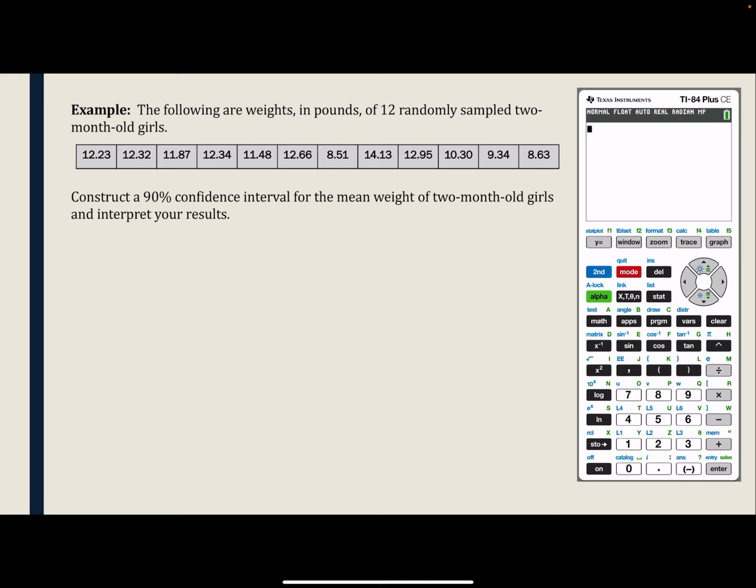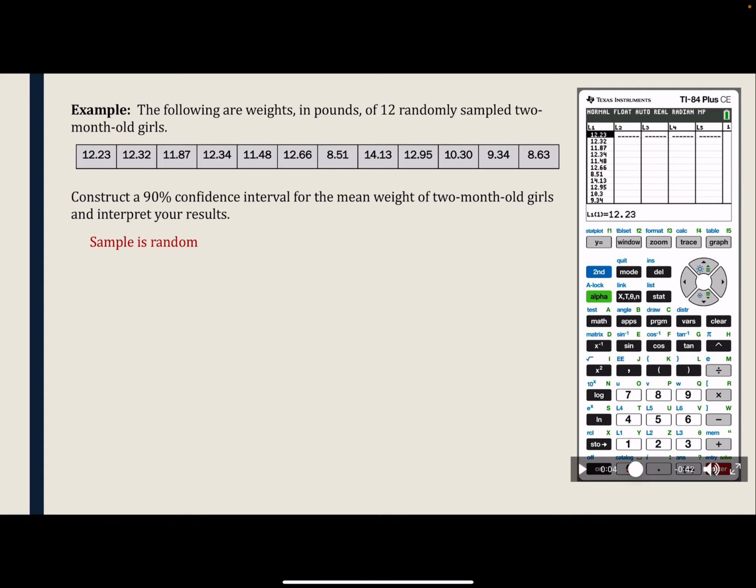So the first thing we want to do is make sure that these assumptions and conditions are met. All right, we have a random sample. 12 is definitely less than 10% of all, not community college students, of all 2-month-olds.